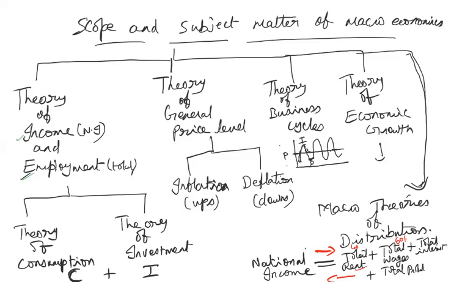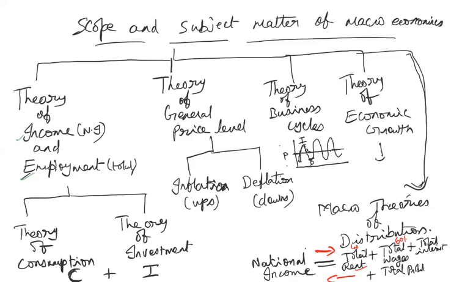Then you can say that more or less the national income of the country is evenly distributed. But if it is the other way around, only 40% or 20% accrues to the laborers in the form of wages, and the remaining 80% is shared by the landlords, producers, and the capitalists, then you can say that the national income of the country is unevenly distributed.